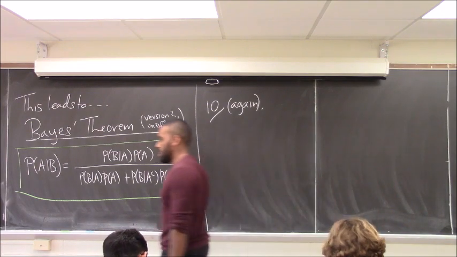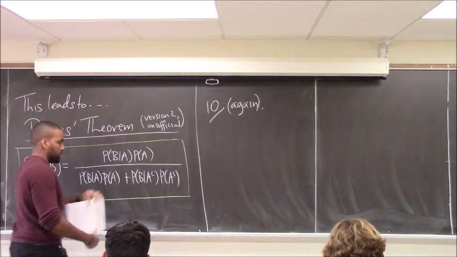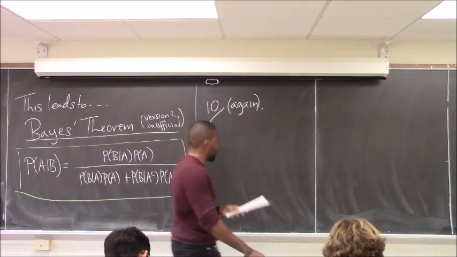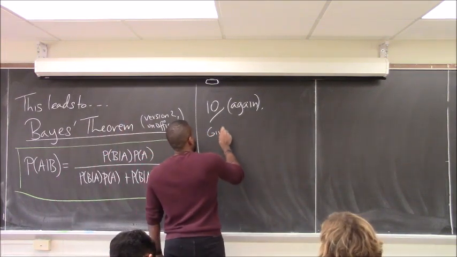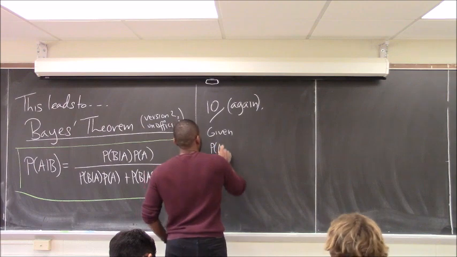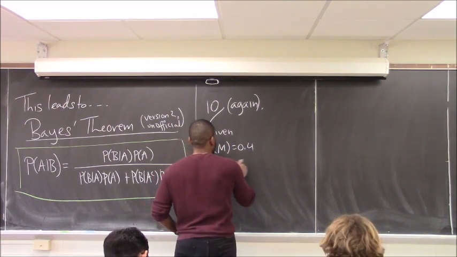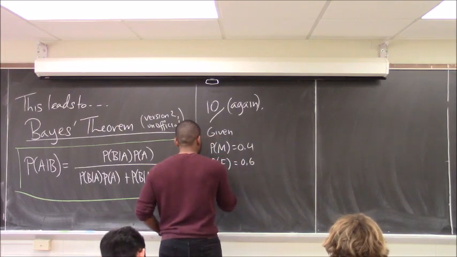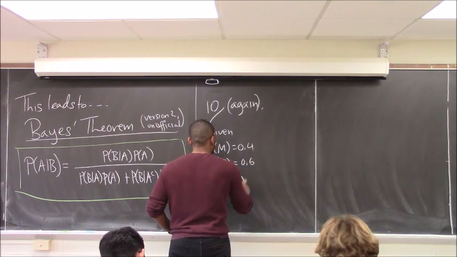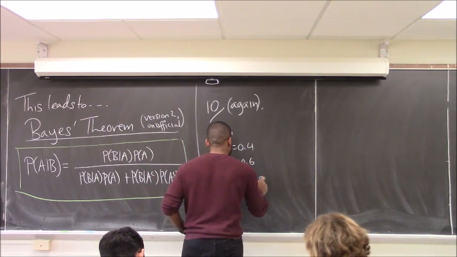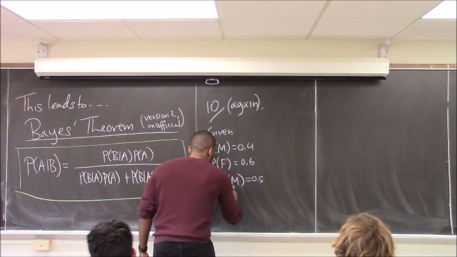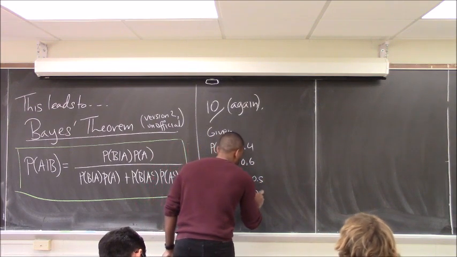Now, in problem 10, we had a city of people, some were smokers. We were given the probability of being a male was 40%. The probability of, if you're a male, the chances you are a smoker is 0.5. The probability of you not being a smoker, given that you're a male, was 0.5.